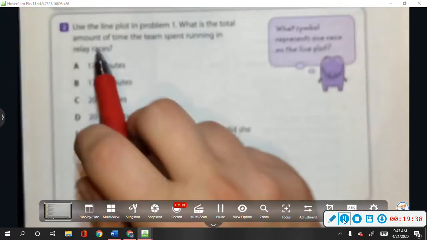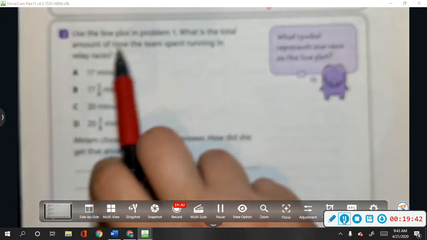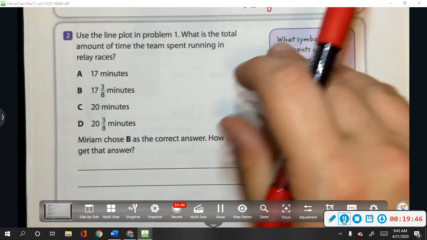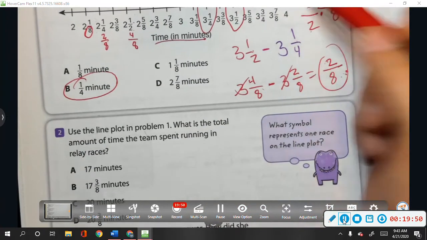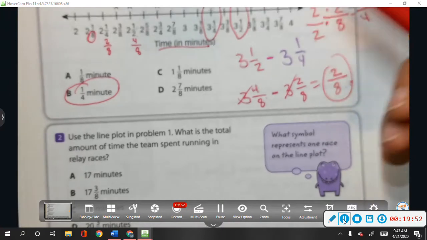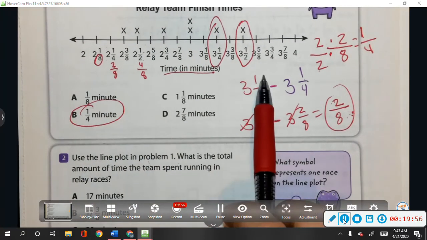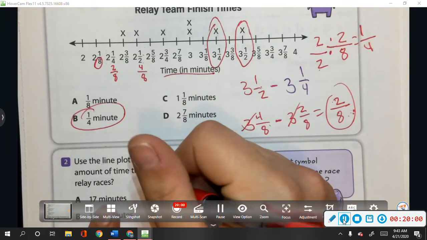Number 2, use the line plot in problem 1. What is the total amount of time the team spent running in relay races? So they want us to add up all of our times. So we had 1 at 3.5 times.